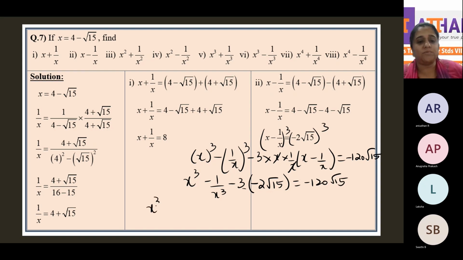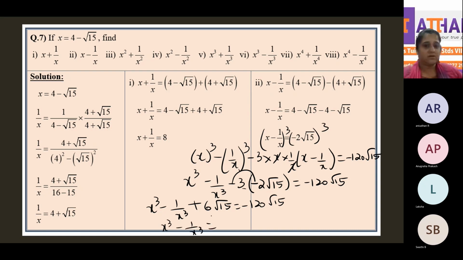So x cubed minus 1 by x cubed plus, because minus into minus is plus, 2 3s are 6, 6 root 15, is equal to minus 120 root 15. You take it to the other side: minus 120 root 15 minus 6 root 15, minus 126 root 15. That's it.